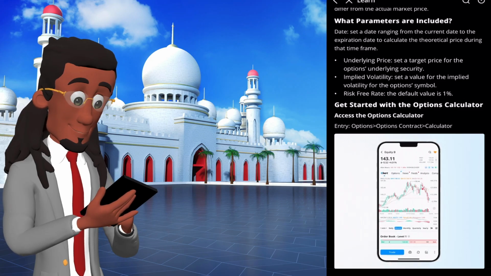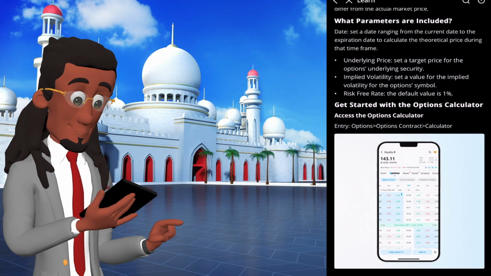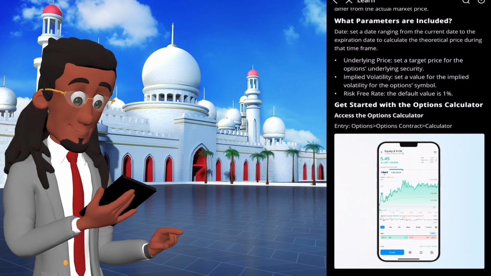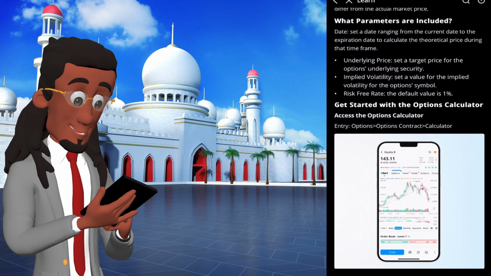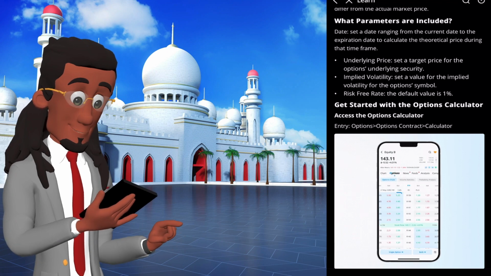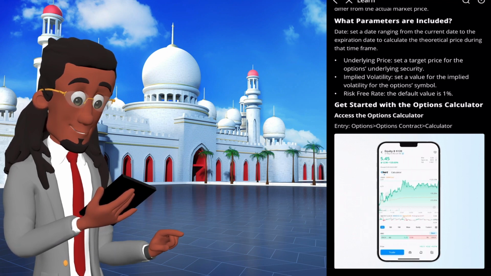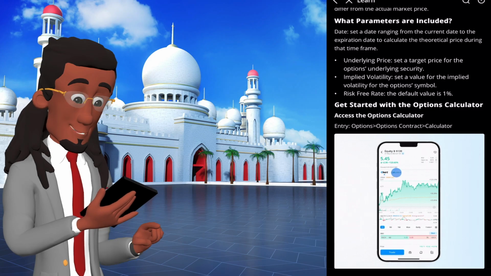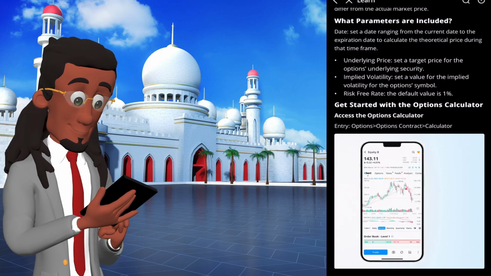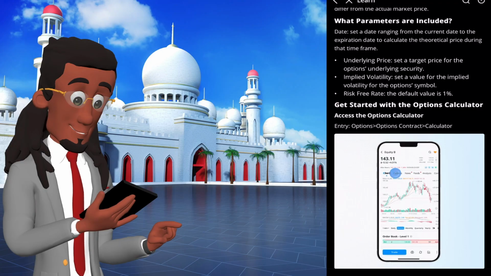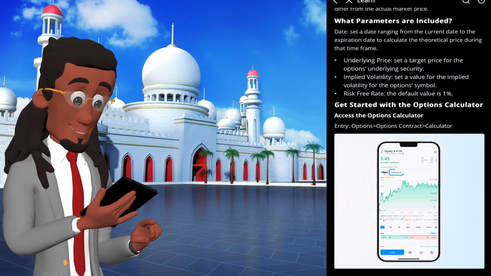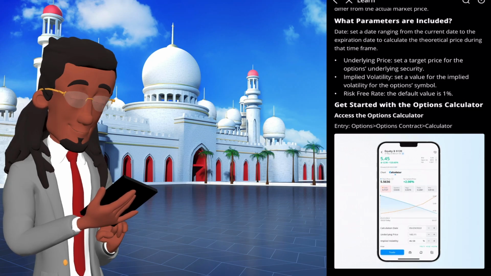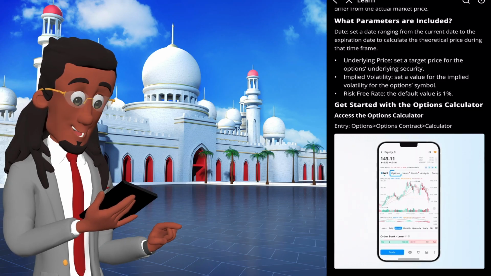The implied volatility. Set a value for the implied volatility for the option's symbol. All right, you got to have a strong grasp on implied volatility, which is a forward-looking metric. So it's almost like, it's implied, so it's not exact. But you got to understand that and know how it moves, which is why you would look at Vega.